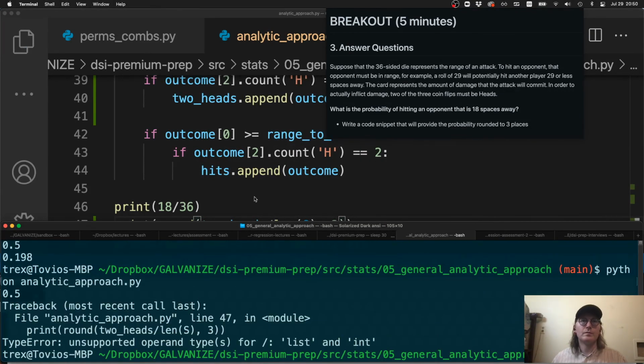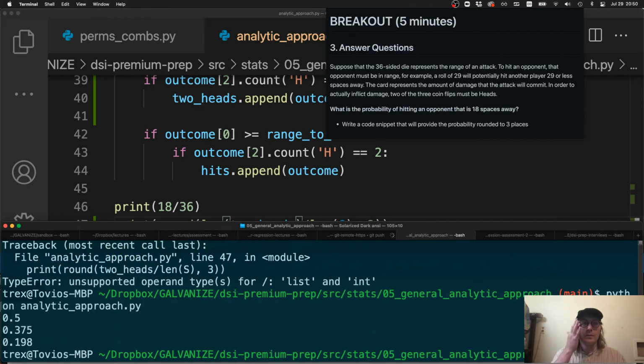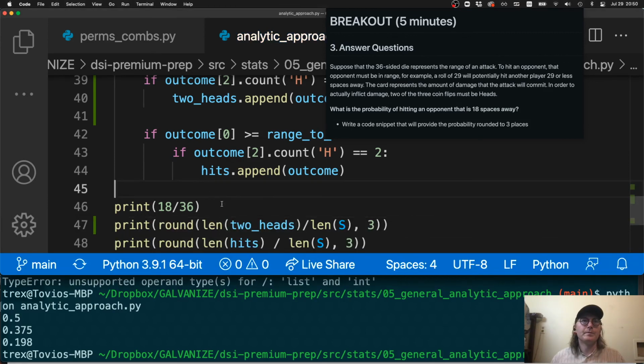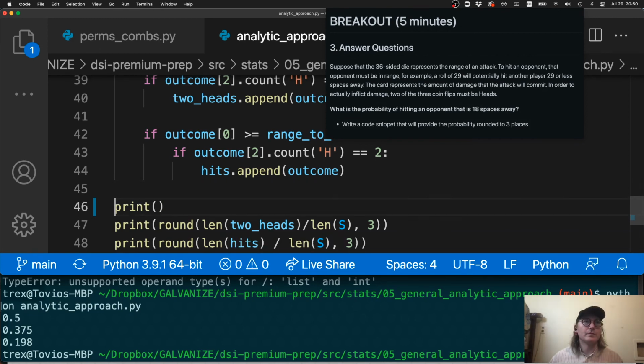Oh. Probably because I need to get the length of 2 heads. So it looks like that's 0.375. And let's do this. Maybe I'll just do something like this.